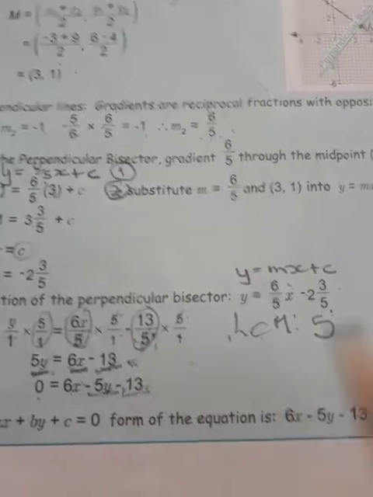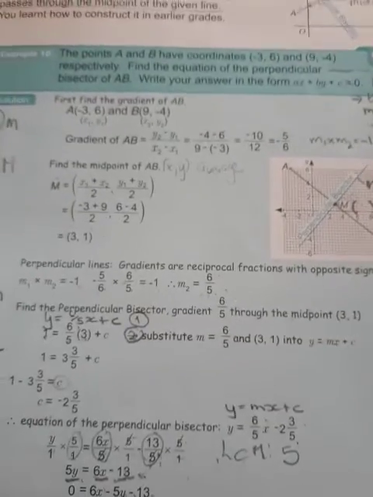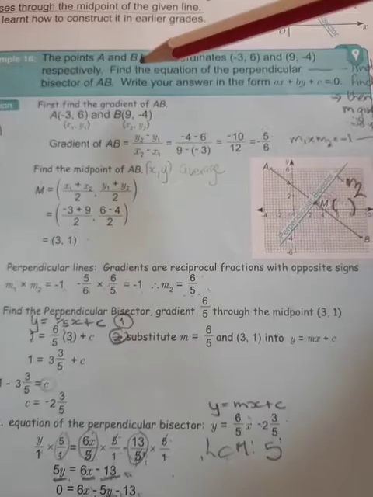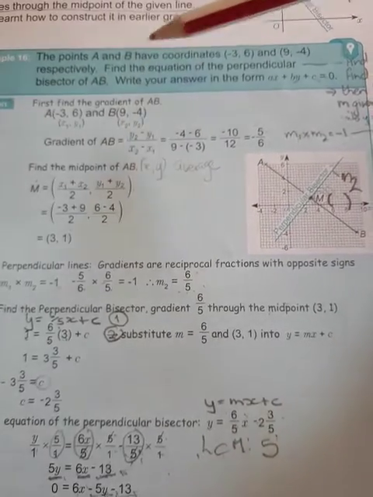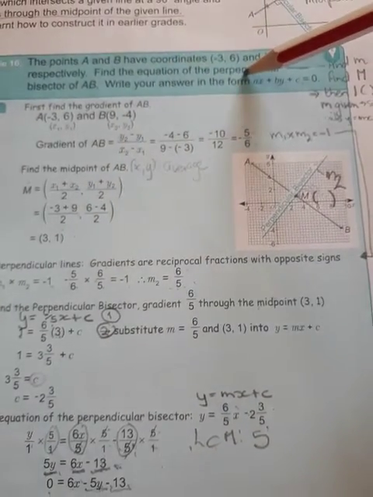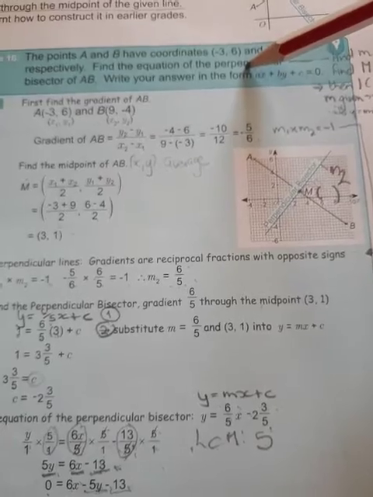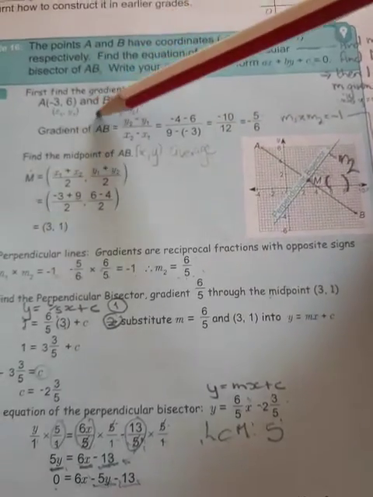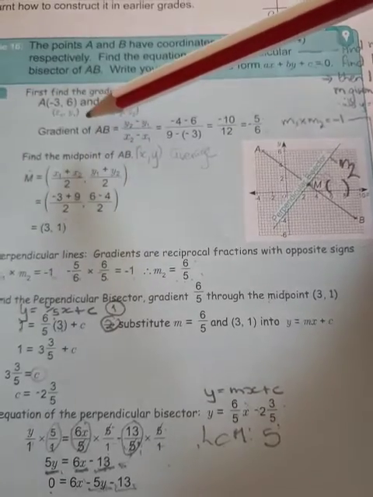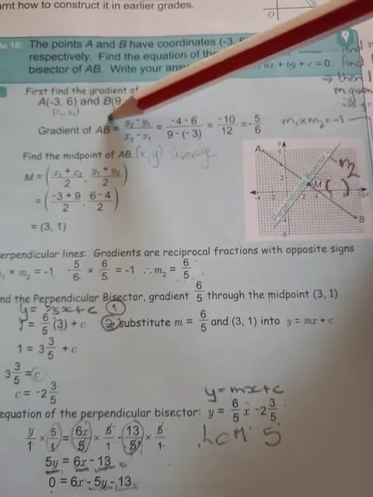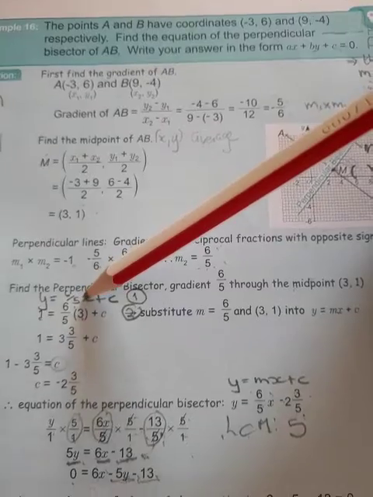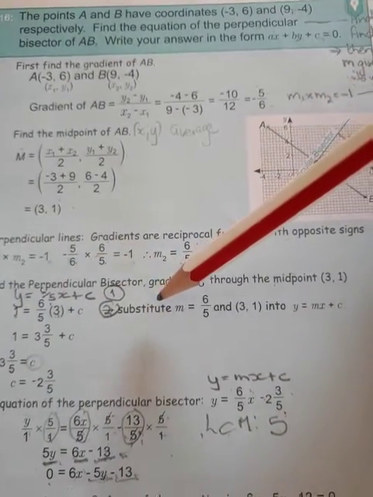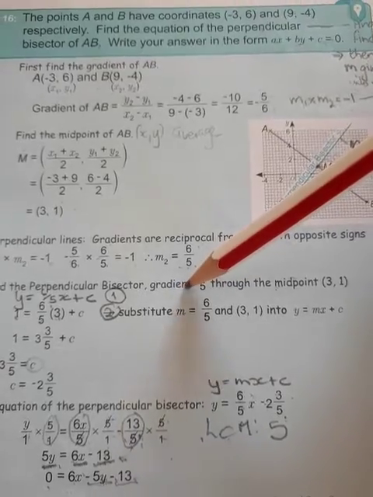All right, so shall I go through those steps again very quickly? Two coordinates are given. We must find the equation of the perpendicular bisector. So in step 1, because we've got the two coordinates, we're going to calculate the gradient. From that gradient, people, we can find the gradient for the perpendicular bisector, which is the reciprocal fraction with an opposite sign.